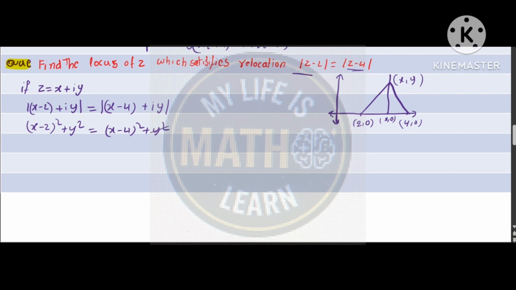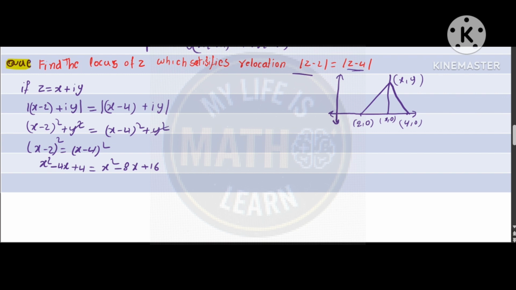So y square cancels. X minus 2 whole square is equal to x minus 4 whole square. After squaring, x square minus 4x plus 4 is equal to x square minus 8x plus 16. So x square cancels. Minus 4x plus 8x is 4x, and 16 minus 4 is 12. So x is equal to 12 by 4, that is equal to 3.